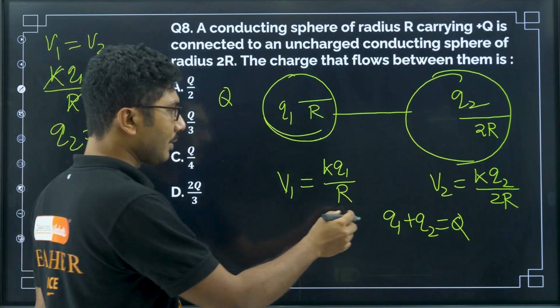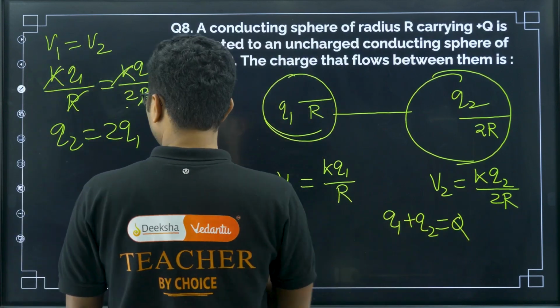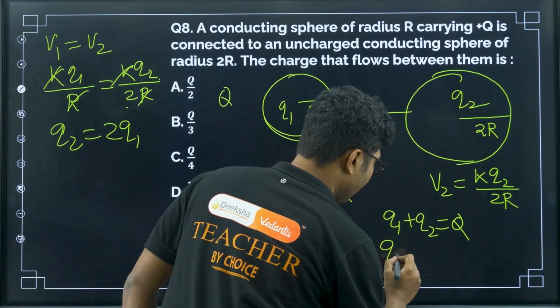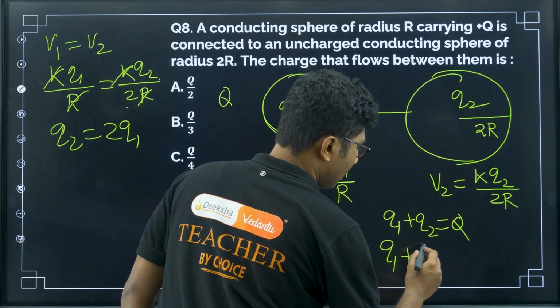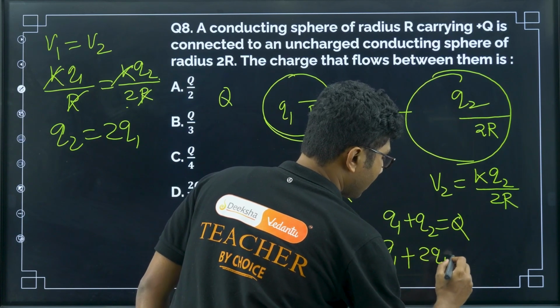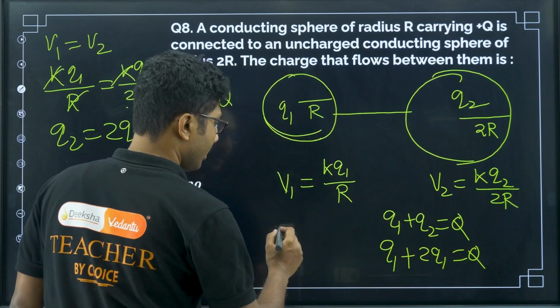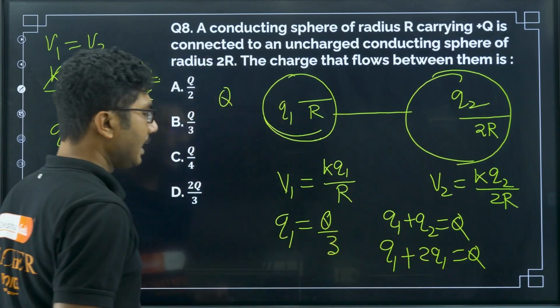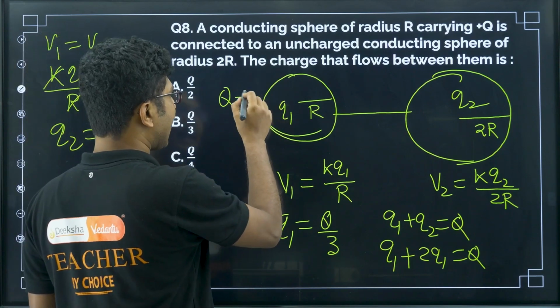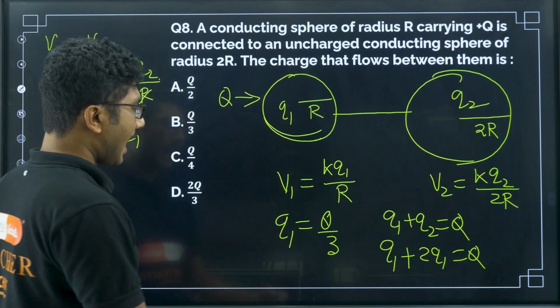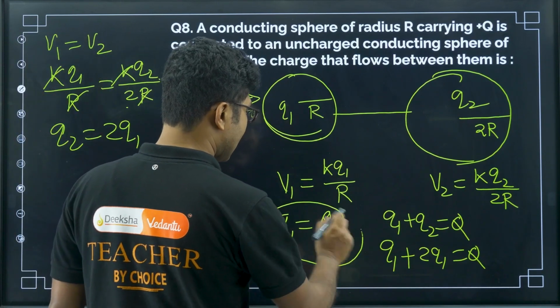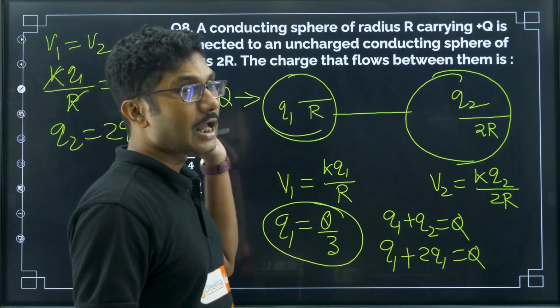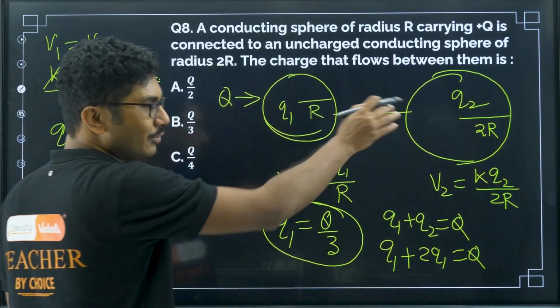Also we know that Q1 plus Q2 is capital Q. So let's put this value here: Q1 plus 2Q1 is equal to Q. So Q1 is basically Q by 3, right? Now initially this sphere had capital Q charge, and out of that only this much is left. So the remaining charge has flown from here to here, basically Q2.